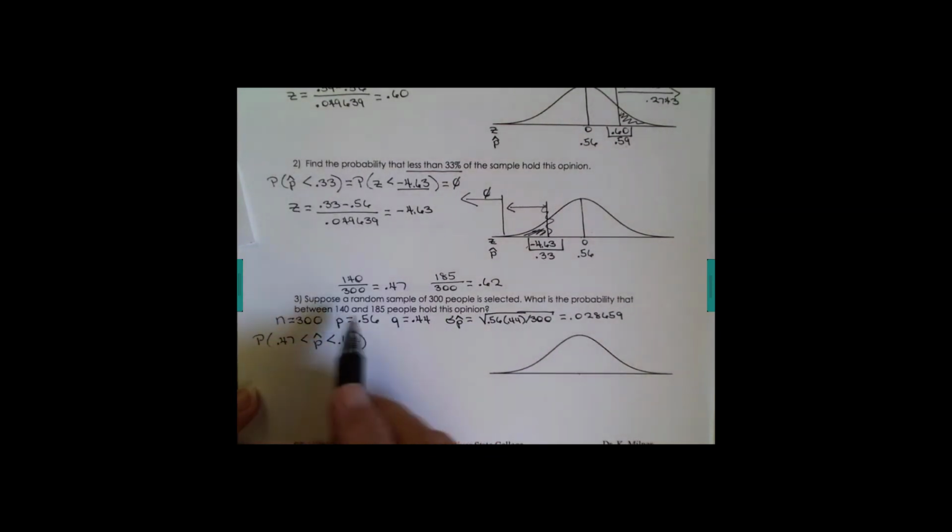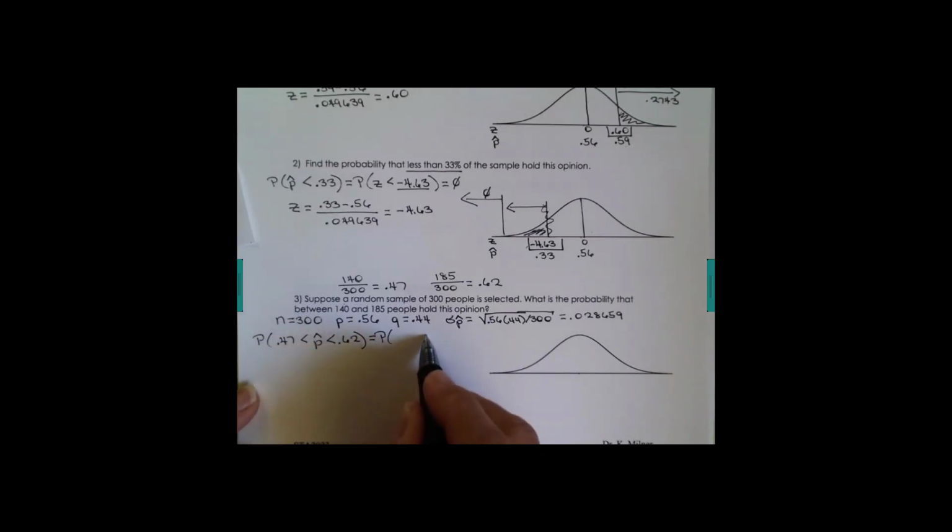How did I find it? Well, I took the number of people that they said they were interested in, 140 people out of 300, simple division, and 185 people out of 300, and I came up with the decimal equivalency, so those are proportions. So it looks like I got to have two z-scores, doesn't it?